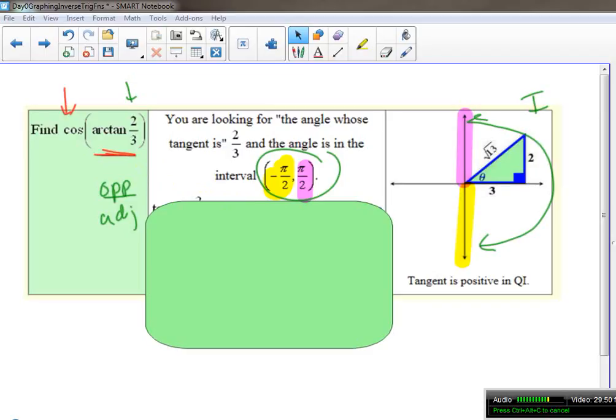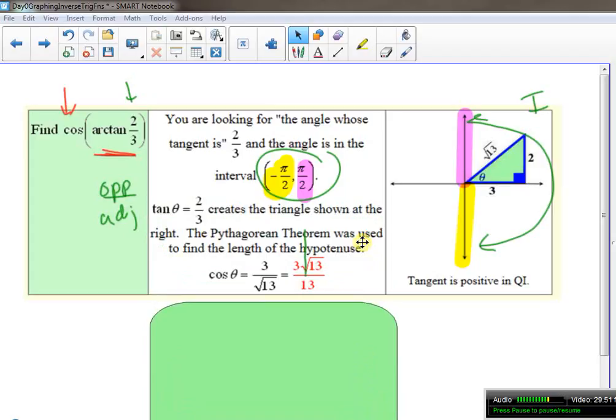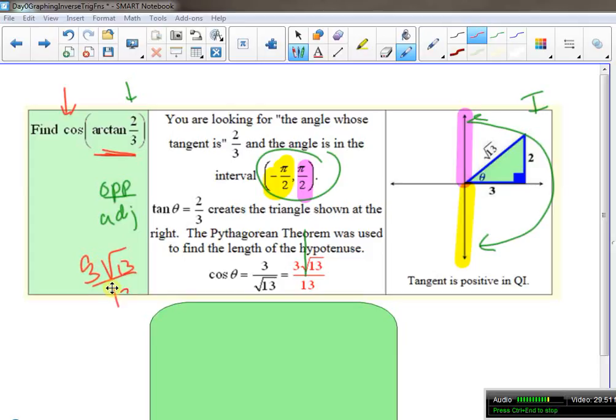All I have to do is look in that triangle. I've got everything labeled. Cosine is adjacent over hypotenuse. So we'll just look at the adjacent side 3 over the hypotenuse, square root of 13. And because that hypotenuse is a radical, we're going to have to rationalize it. So the answer to this entire problem ends up being 3 square root of 13 over 13.